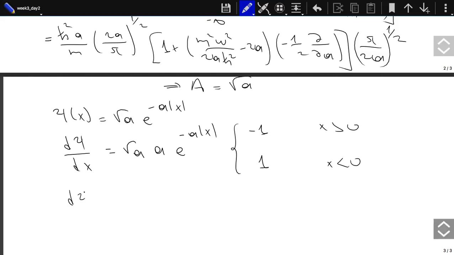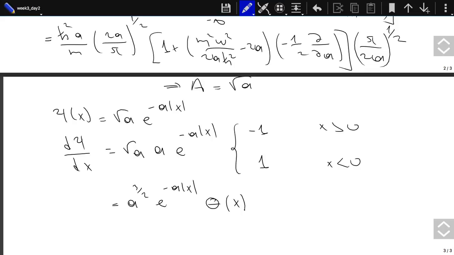Now for the second derivative, we can also write this in a different form. This is equal to a to the power 3 halves, e to the power minus a absolute value of x, times theta of x minus theta of minus x.